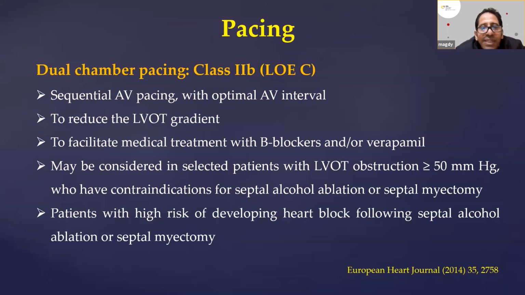It will also facilitate giving beta blockers, and may be considered in selected patients with LVOT obstruction more than 50 millimeters of mercury who have contraindications for septal ablation or septal myectomy. Patients with high risk of developing heart block following septal ablation or septal myectomy can also be considered candidates for this treatment strategy.